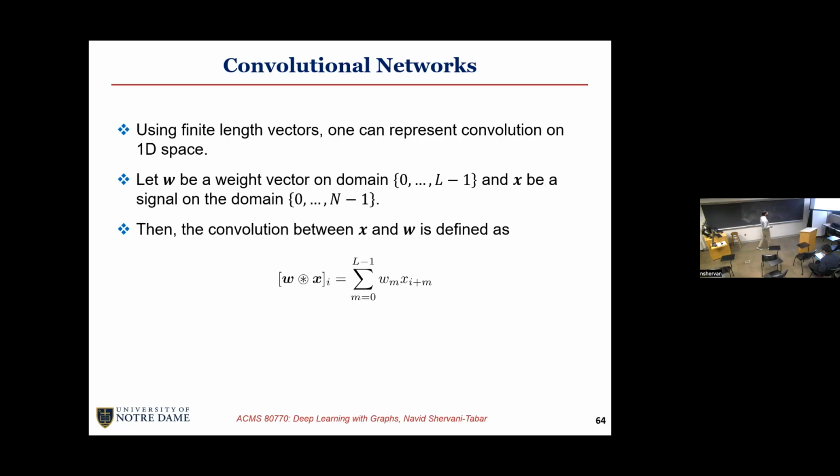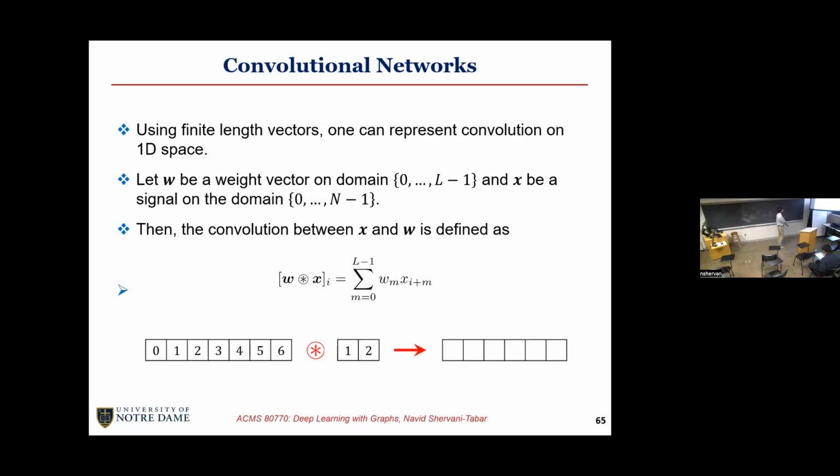What that means, we can show easily with an example. Let's say that I have this signal X and I have this weight W, and I want to find a convolution between these 2.